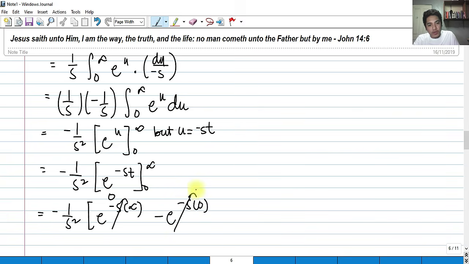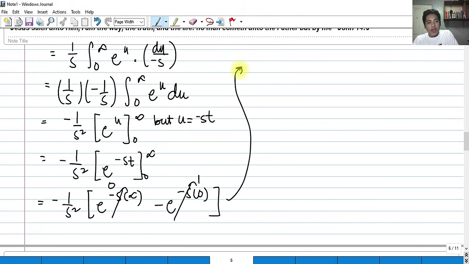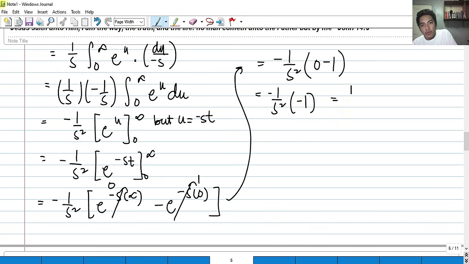E raised to 0 is simply 1. So we have negative 1 over s squared multiplied by 0 minus 1, or simply negative 1 over s squared multiplied by negative 1, that is 1 over s squared. So the Laplace transform of f of t equals t is simply equal to 1 over s squared.